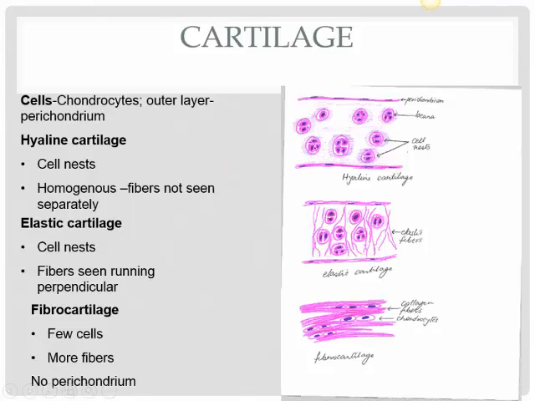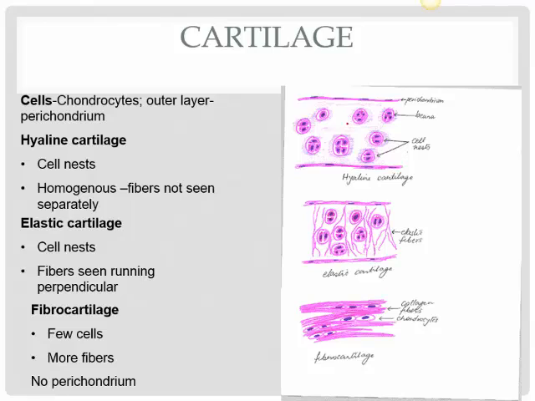In hyaline cartilage, you also have fibers which are collagen fibers. You should find collagen fibers going across. But when you look at that cartilage under the microscope, the refractive index of that ground substance and collagen fibers is the same.